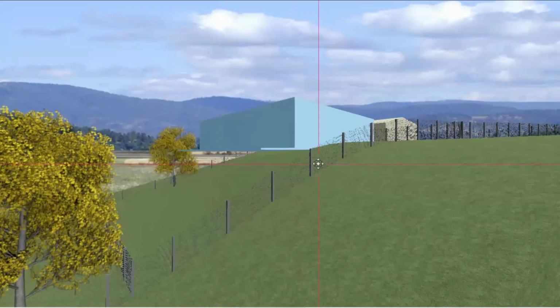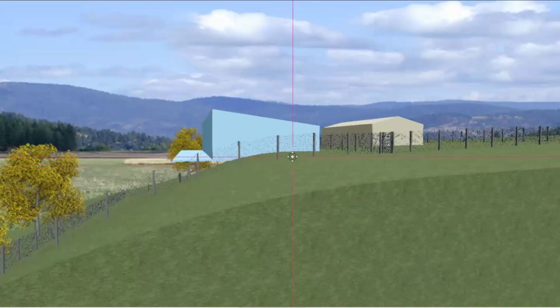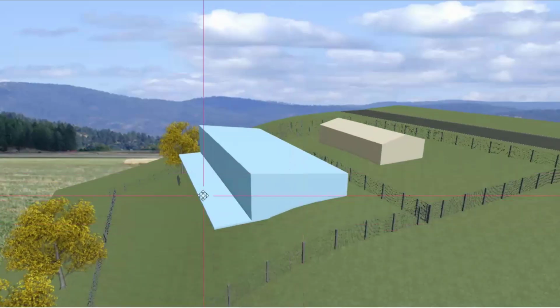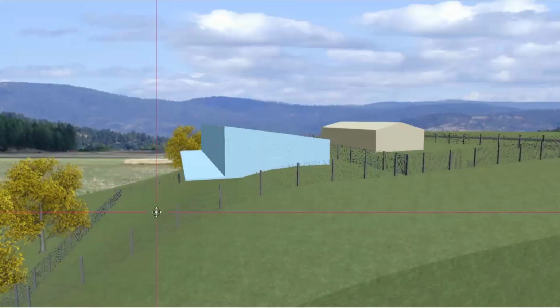So essentially, to accomplish something like that, you would be digging out your entire upper site here and then creating a massive retaining wall on the low side to build this up.